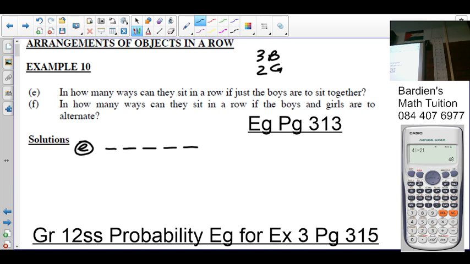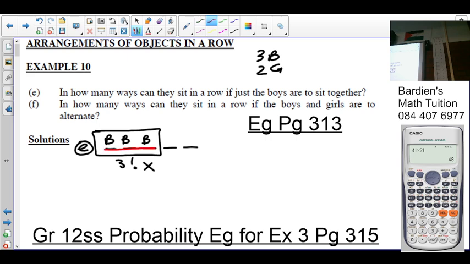So the boys are to sit together, I write B, B, B, and then I bind them. They must be together. So how many ways can the boys sit all together? 3 factorial ways.